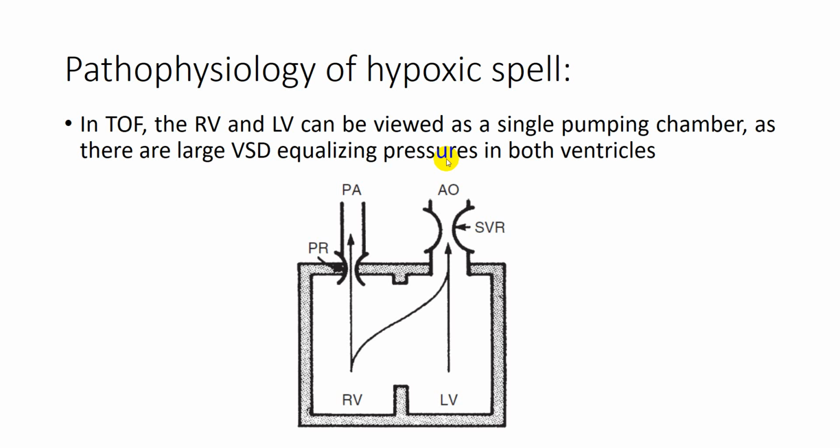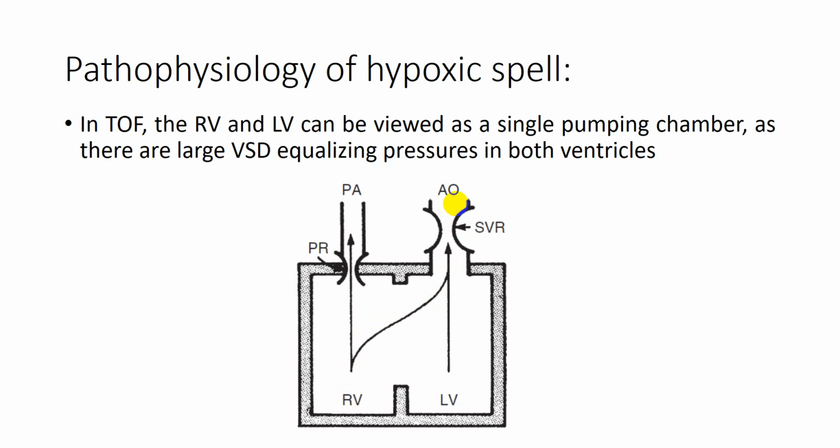The other part of the story is a decrease in systemic vascular resistance, for example in case of peripheral vasodilatation. Again, the same mechanism: there is a preference of flow of blood from the RV to the aorta through the VSD, resulting in intense cyanosis. So the pathophysiology of the hypercyanotic spell is multifactorial.